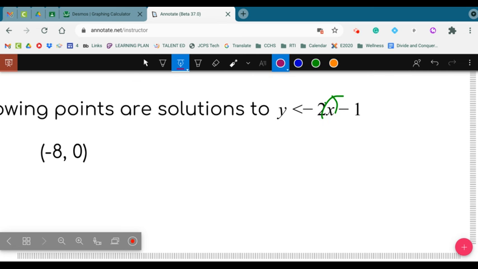Okay. And then on this one, we have our x and our y. So we're going to plug in 0 for y, is less than -2, and then we're going to plug in our x value, which is -8, and then minus 1.